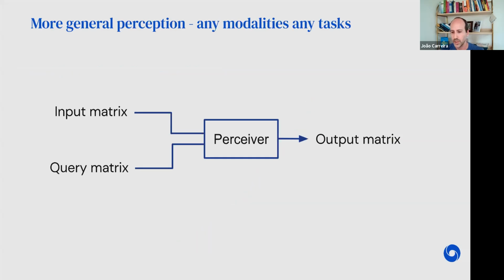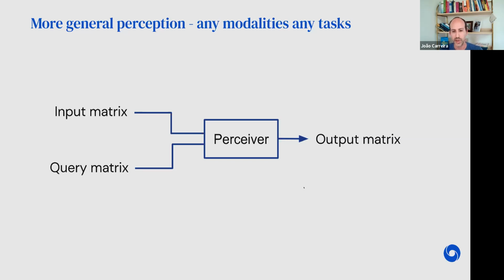So the project around Perceivers we have at DeepMind is to simplify this quite a bit and have one architecture that can handle any set of modalities and any kind of task, or at least most of the tasks that people care about. The setting we were envisioning is that there's an input matrix, there's a query matrix that defines the kind of tasks you're interested in, and then there's a module that computes some outputs for those queries.